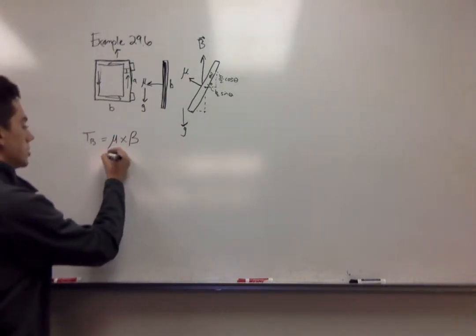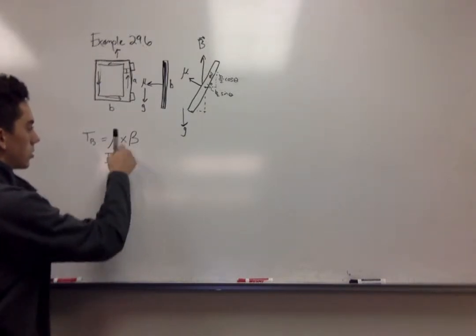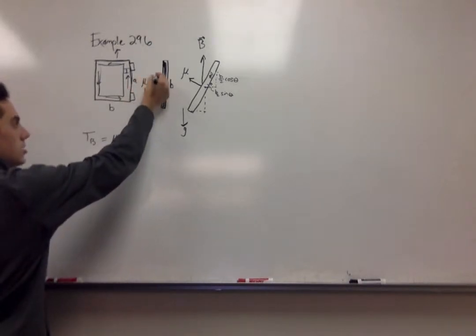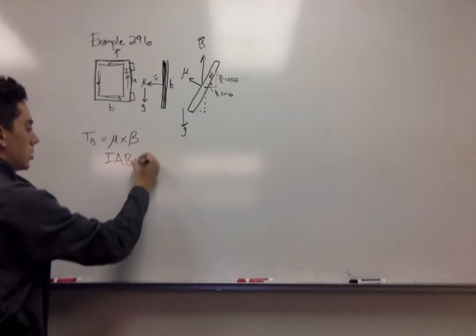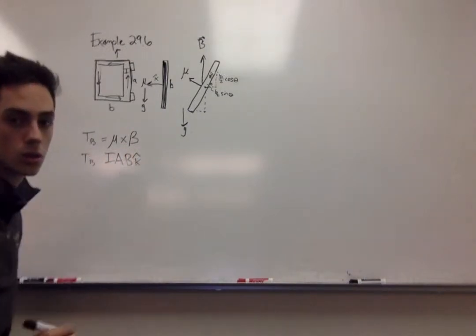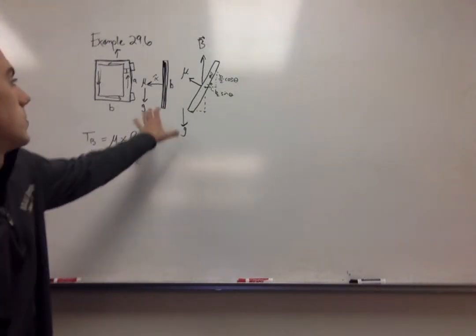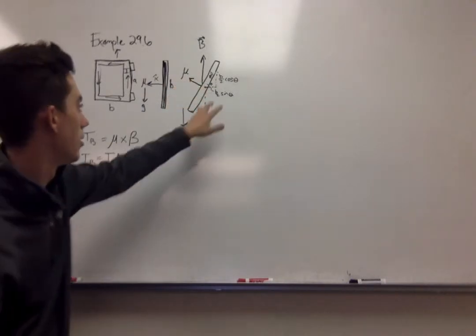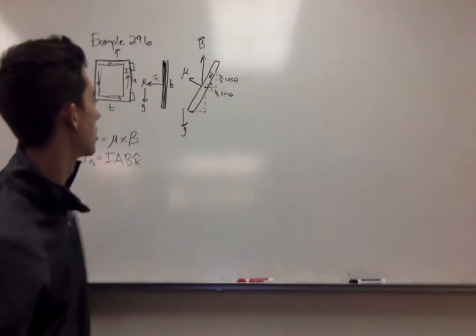And we know that mu is equal to the current times the area across B. And we already established that this is the k hat direction, so it'll be across B, k hat. And because we want to specifically look at it as it's tilted, we want to look at this length right here and how far it's tilting.